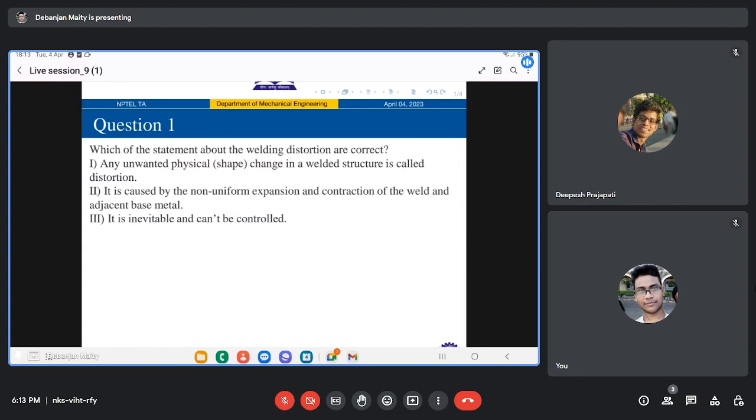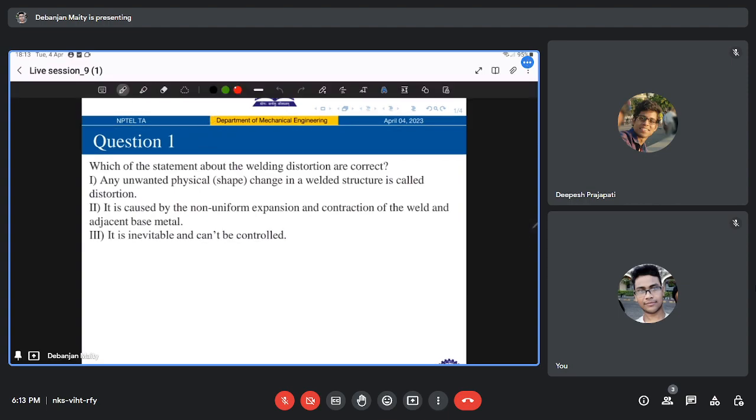Whenever you are changing phase from liquid to solid, what will happen? The specific volume will increase, right?